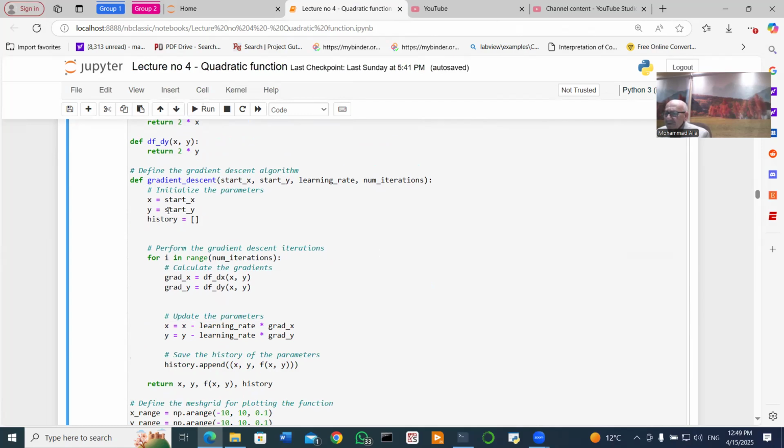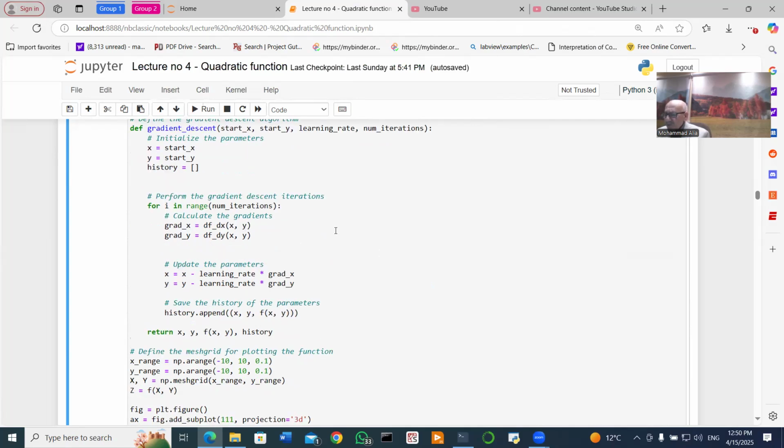Then we have to define the start point for x and for y. And we have to allocate a space as a list to accumulate there the history, which means the intermediate values of x and y and of the function of x and y.